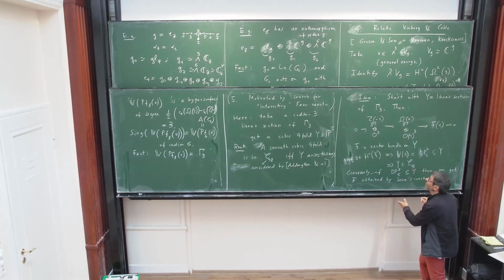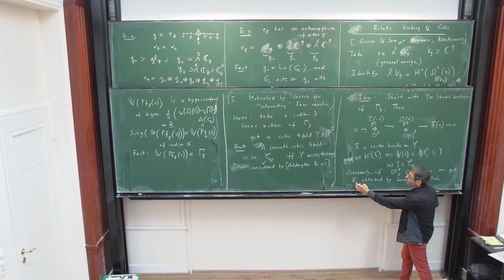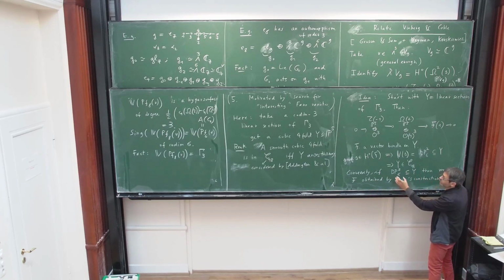So there is a way to obtain vector bundles of rank 2 under certain conditions from subvarieties of codimension 2.